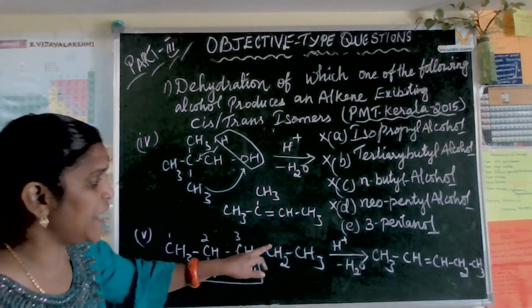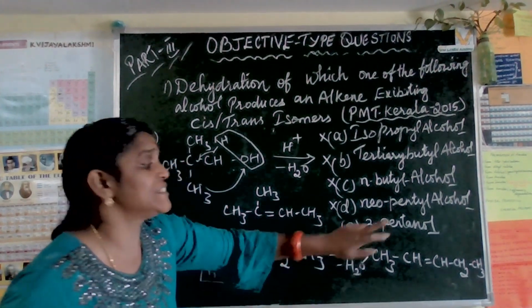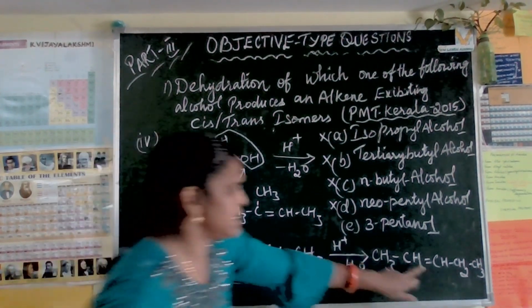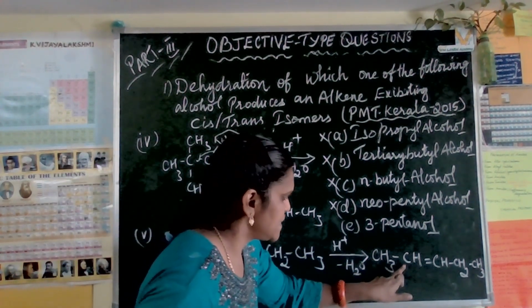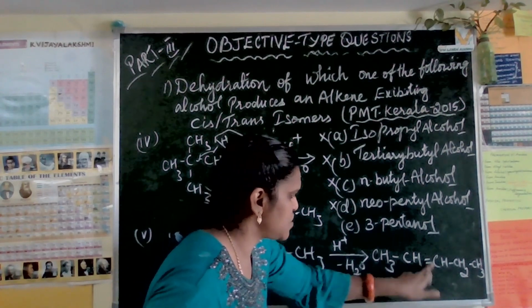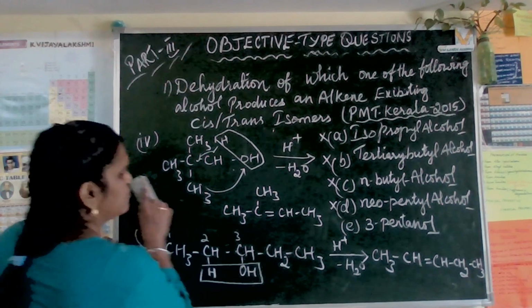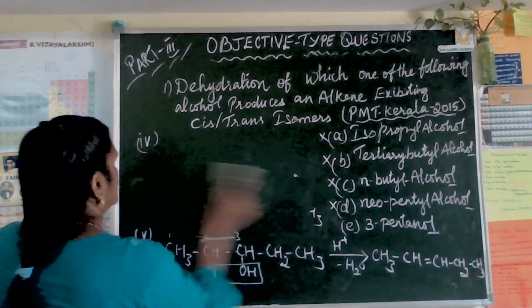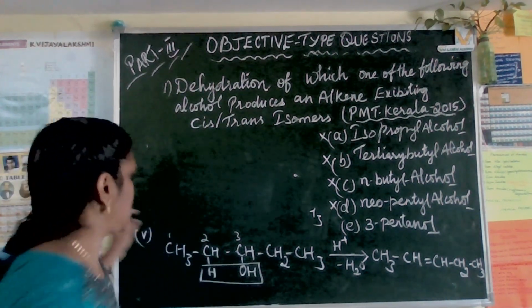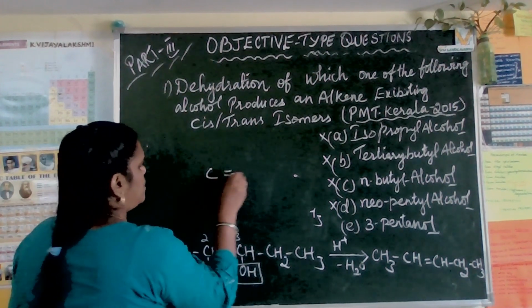Now let us find out whether this has a cis and trans isomer. For example, here CH3, CH double bond CH, CH2, CH3. Let us identify. I'll put that carbon double bond here.